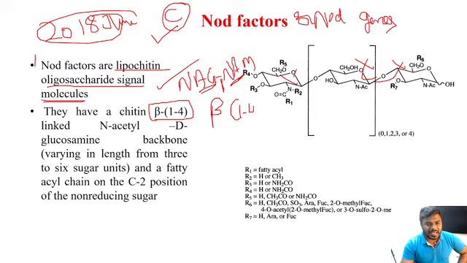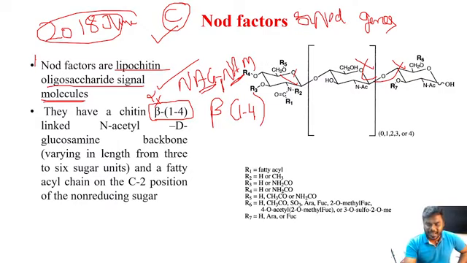You know, in our CSIR exam, as one of the options, they just gave alpha 1,4, which is a wrong statement. That is the question they asked for Part C. Such a simple question. So all of you remember, nod factors or the nod genes present in the bacteria are lipochitin oligosaccharide signal molecules. They have a chitin beta 1,4 linkage.